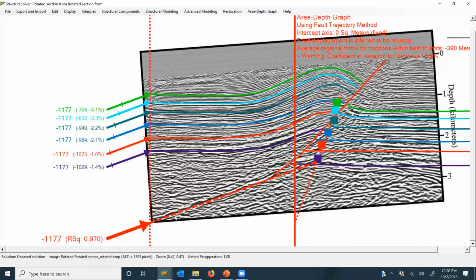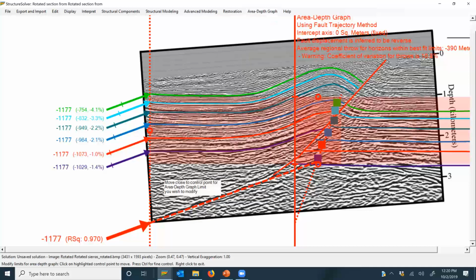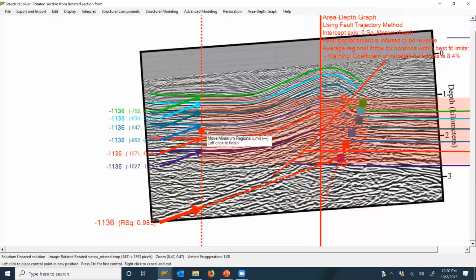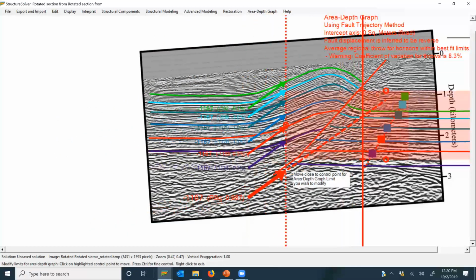The fault trajectory method also has substantial flexibility in terms of measuring changes in fault geometry. And so this steps away from the displacements itself. If we're just looking at the relationship between the shape of the fault and the shape of the fold that we've interpreted, what we can do by changing the analysis limits of the area depth graph, you'll notice, is that we get a new, different computed detachment depth for a different position in the structure.